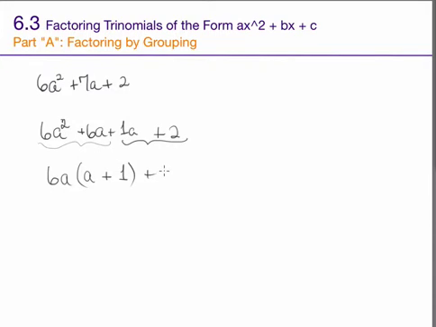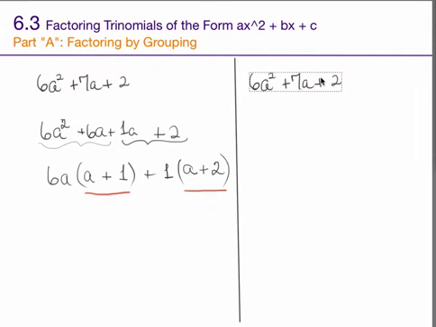Well, nothing. But actually, 1 is common to anything, so you can always put a 1 down as your common factor. What's left over? Everything that was there: 1 times what is 1a? 1 times what is 2? So I've grouped it and factored the groups, but the binomial factors are not the same. So I need to find a different way to rewrite these middle two terms.